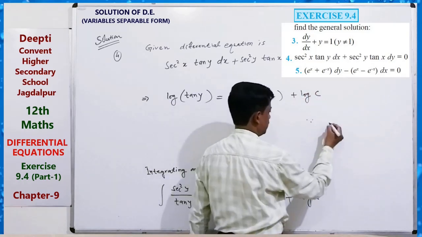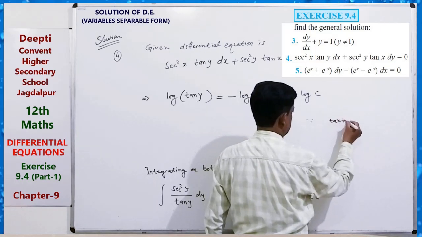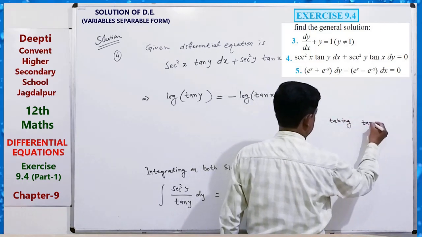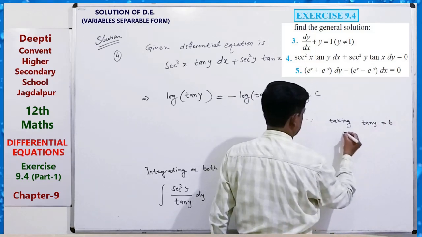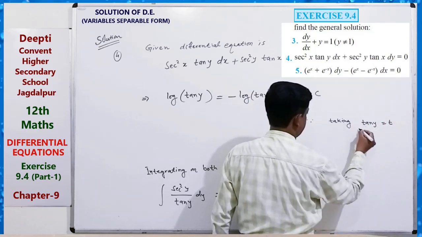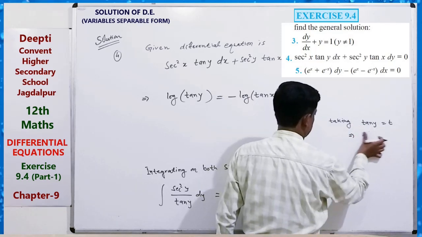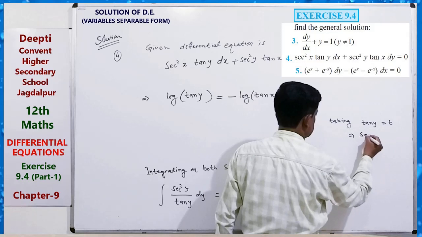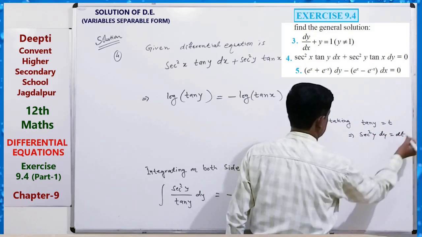Since taking tan y equals to t, sec square y dy equals to dt.